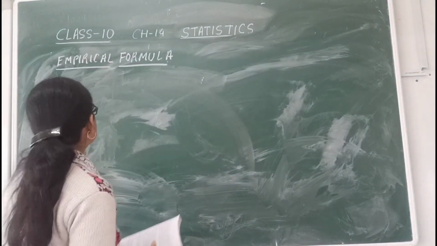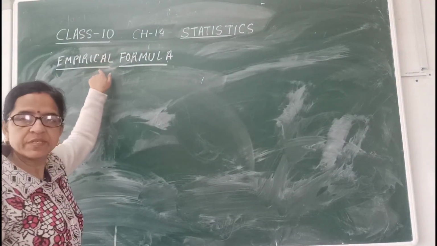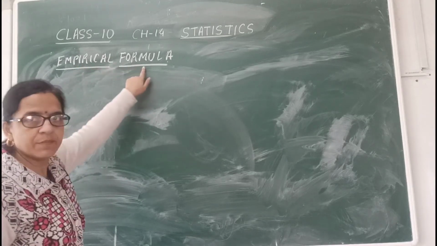Now let us understand the last formula, that is the relationship between the mean, median and mode. This is also called the empirical formula.